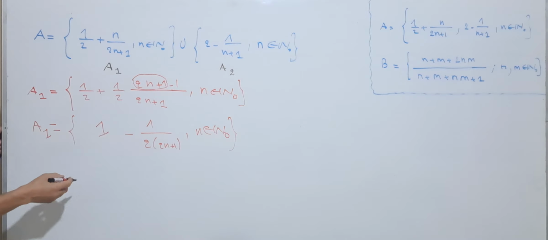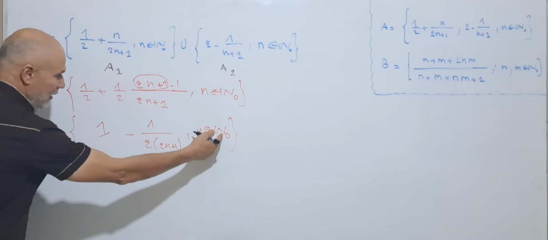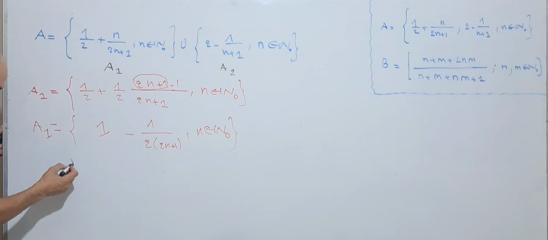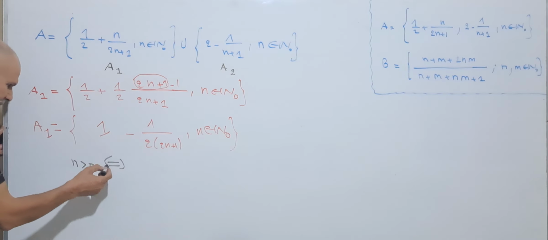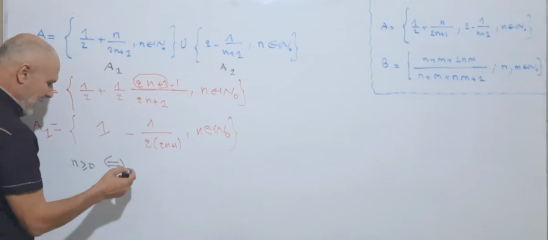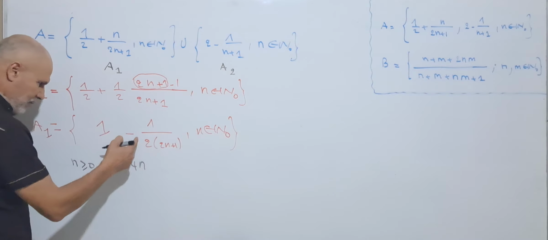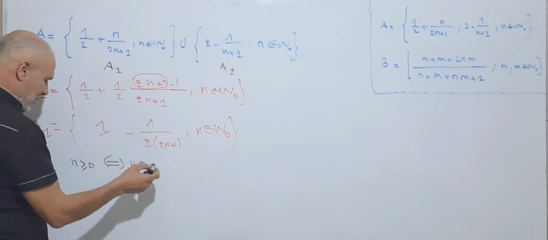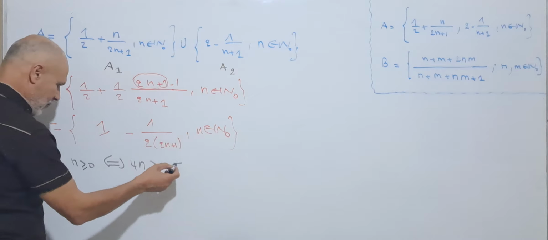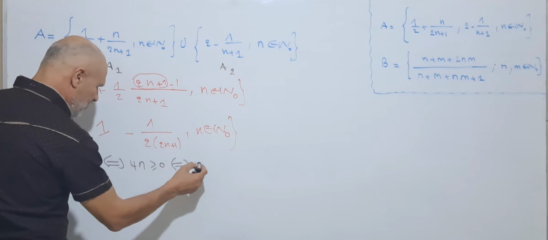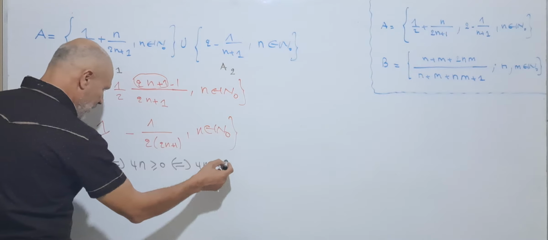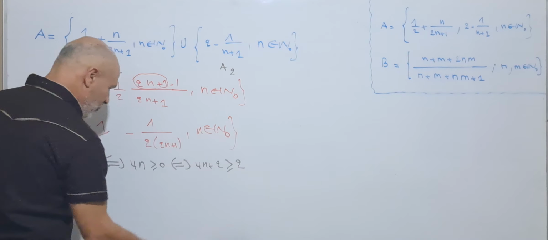Let us study this one. We have n in N0. This means that n is greater than or equal to 0. This implies that 4n plus 2 is greater than or equal to 2.